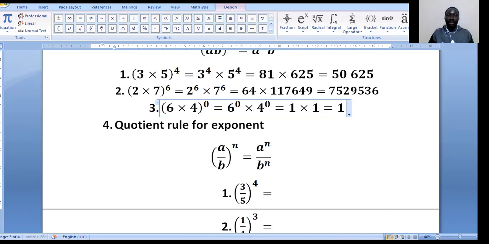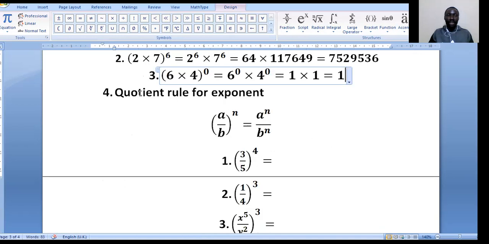Now, a similar approach is also used when we are dealing with the quotient rule. For example, the quotient rule in this case for exponent states that when you have two quantities being divided inside the bracket with an external exponent outside the bracket, this exponent can be distributed to the individual terms so that each of the terms will be having that same external exponent as indicated here.